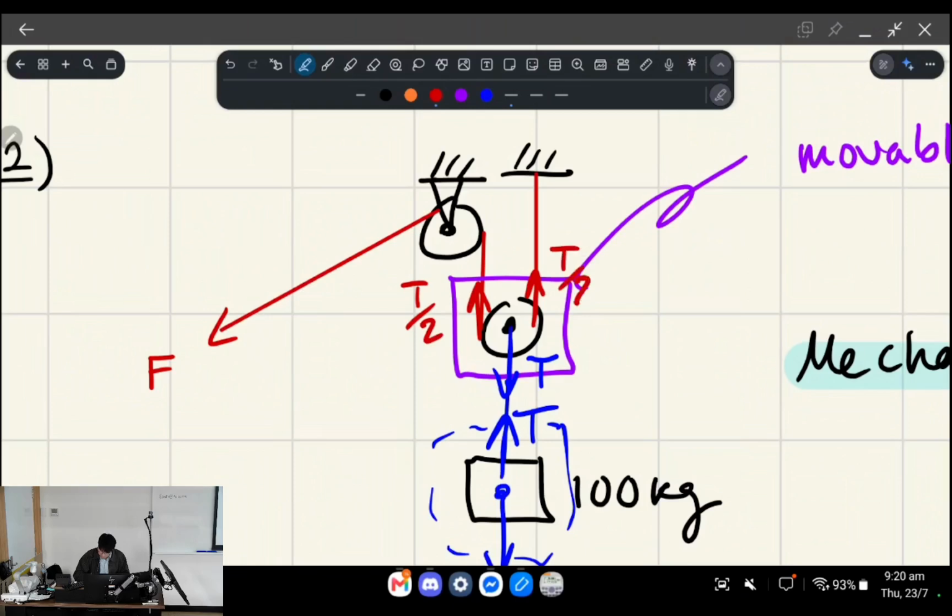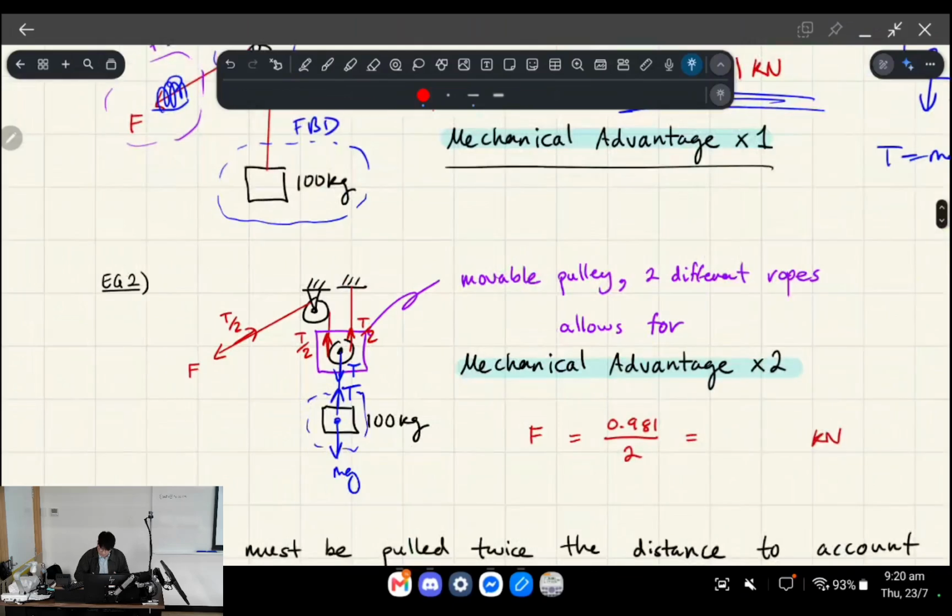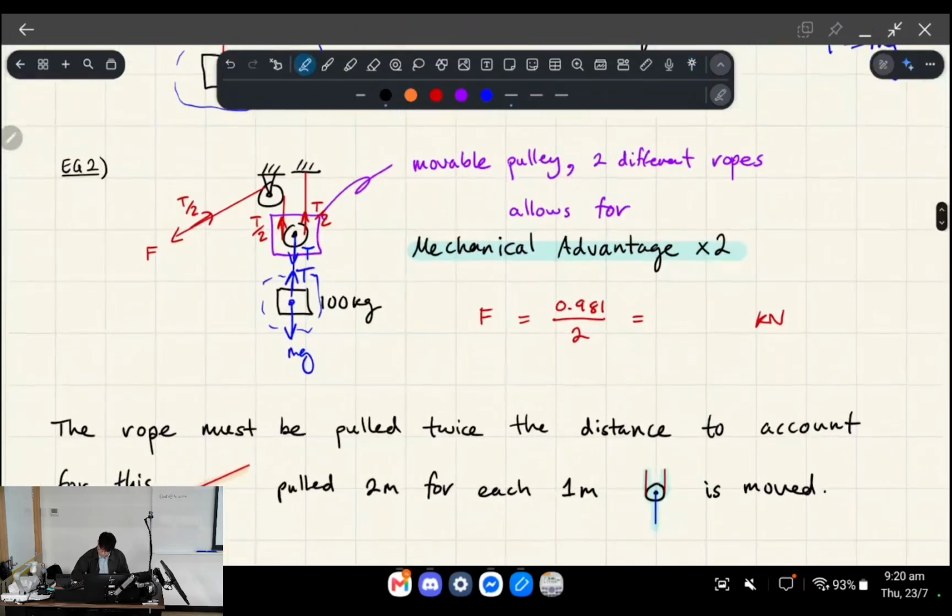So all of these upwards arrows that are in red have to match the downwards arrow that's in blue. And essentially this is all to say that the force in the rope is going to be T on 2, okay? So it gets halved.